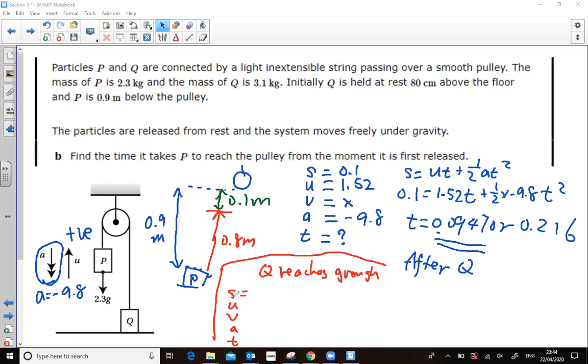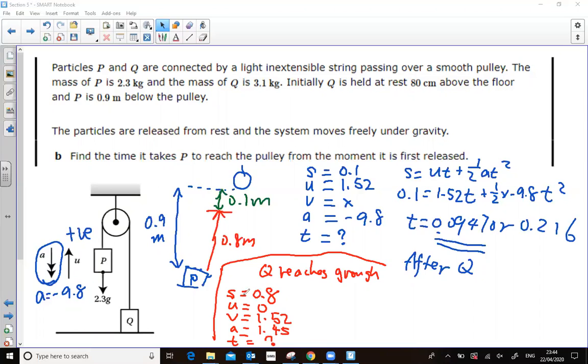So the distance Q traveled was 0.8. U was 0. V we worked out in part A, that was 1.52. And A we worked out also in part A, and that was 1.45. And we're looking for T.